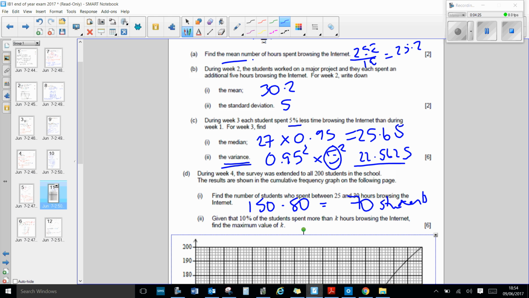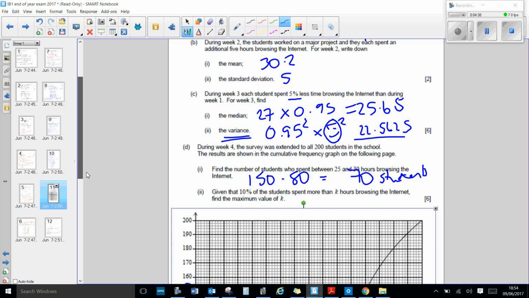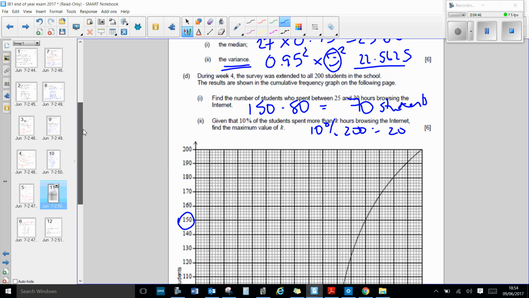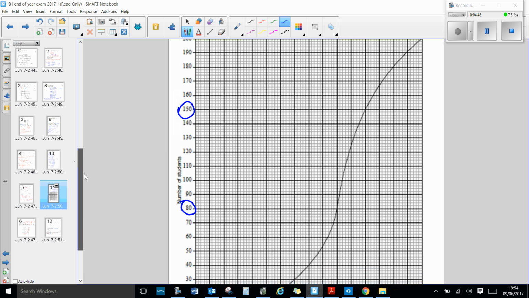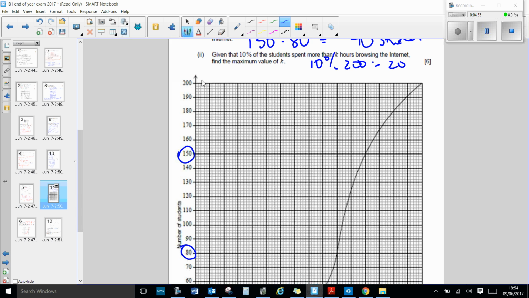Given that 10% of students spend more than K hours browsing on the internet, find the maximum of that. 10% of 200 is 20 students, and they need to spend more than K hours.